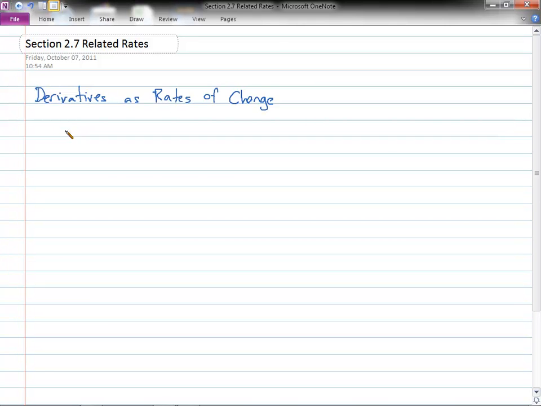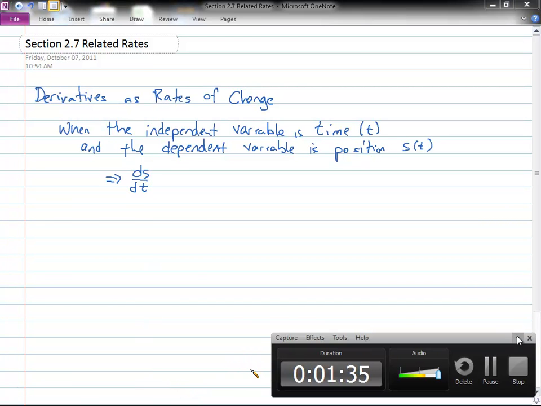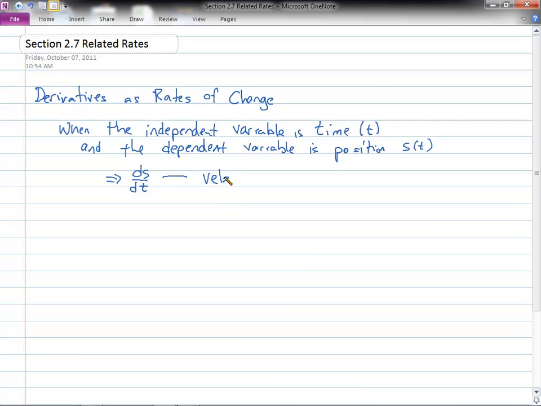Remember that when, say, the independent variable is time, which we usually denote by t, and the dependent variable is position, let's say we have s of t, then ds/dt represents what I call velocity, right?